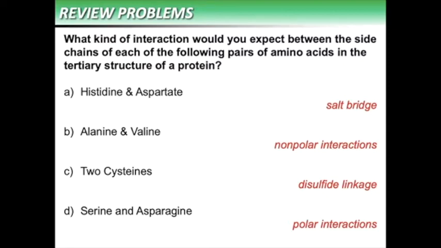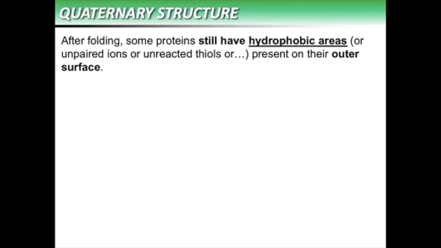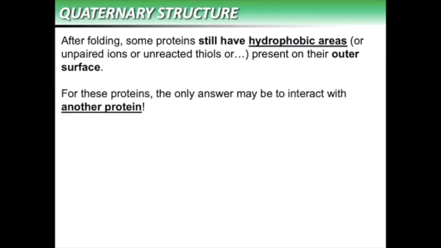Now, last but not least, sometimes after you've done all of this good stuff, with a globular protein, with a single protein chain, you might still have hydrophobic areas, or unpaired ions, or unreacted thiols, anything that could potentially interact with something else, with some other amino acid on the outer surface. When you have that, you might actually only be able to satisfy these proteins and keep them dissolved if they interact with another protein.